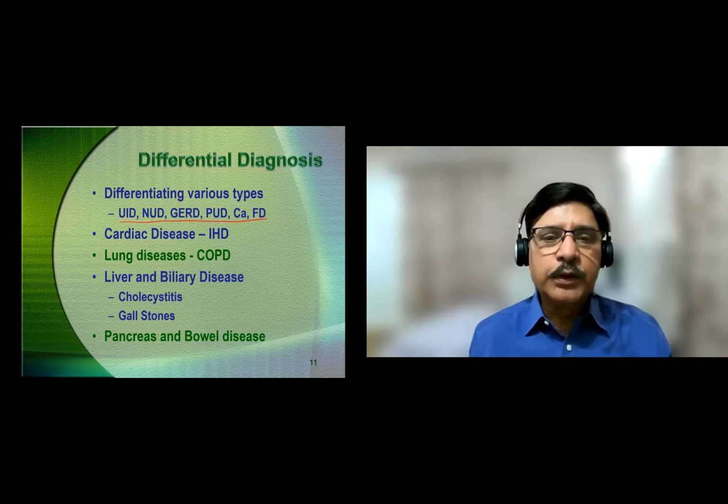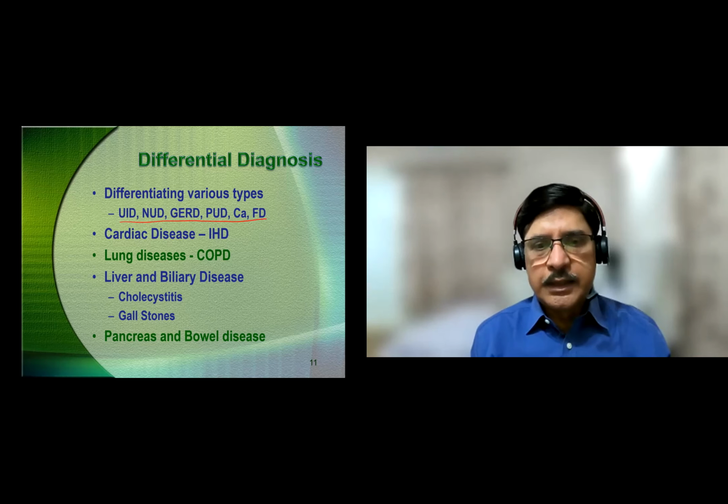I'll come to that a little while later. UID, uninvestigated dyspepsia. All these are internationally used nomenclature. Uninvestigated dyspepsia, NUD, non-ulcer disease, GERD, gastroesophageal reflux disease, PUD, peptic ulcer disease, CA, carcinoma of the upper GI, FD, functional dyspepsia.